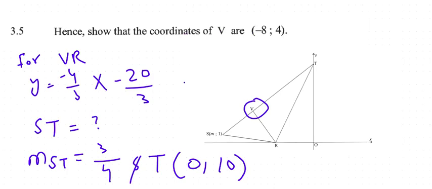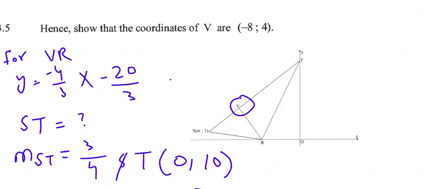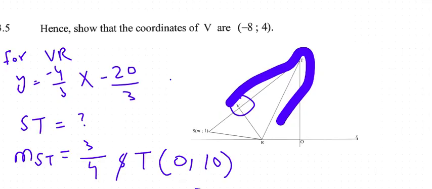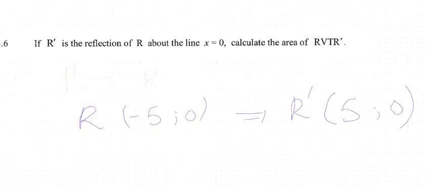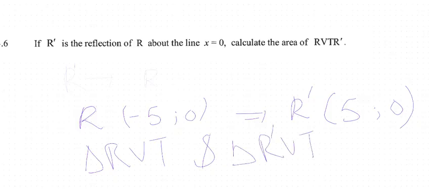Triangle RVT and triangle R prime VT are congruent, since R and R prime are equidistant from T and V. However, it is simpler to see RVTR prime as a composite shape of two triangles: triangle RTR prime and triangle VRR prime.